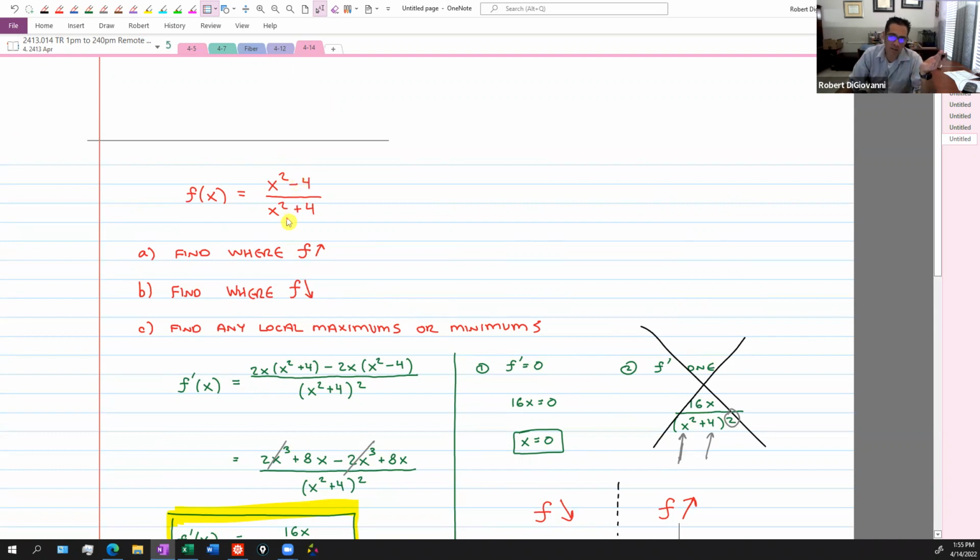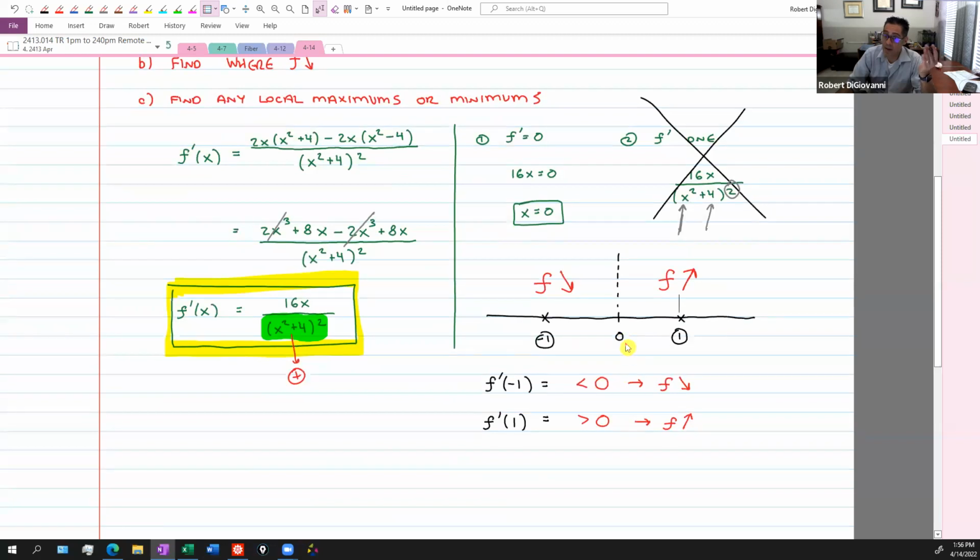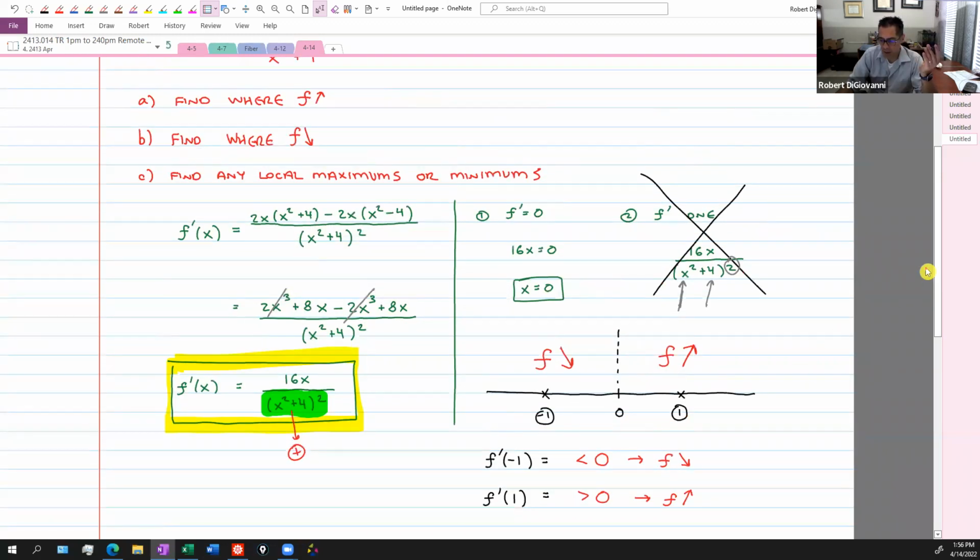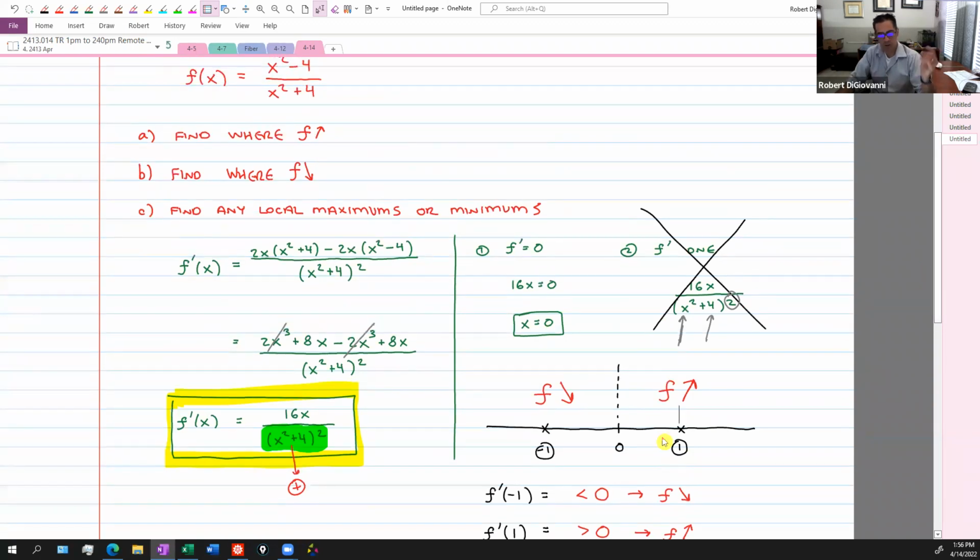You can never make this denominator 0. So the domain of this is all real numbers. So our critical number is valid. And so we can conclude what we need to conclude here. Our function is always going down to the left of 0 and going up to the right of 0.